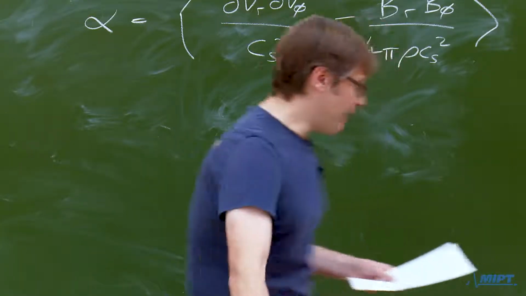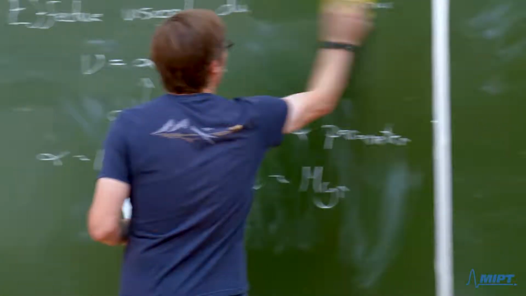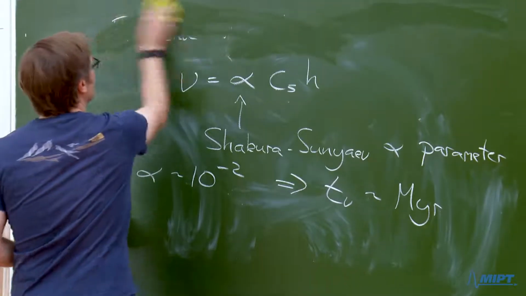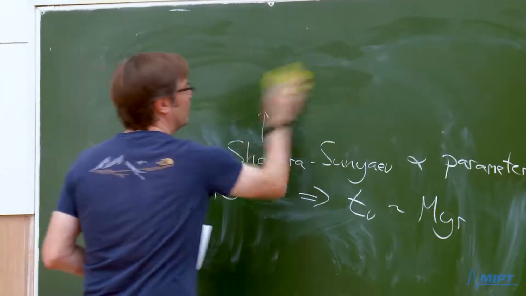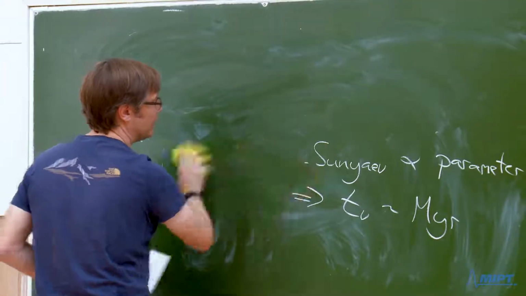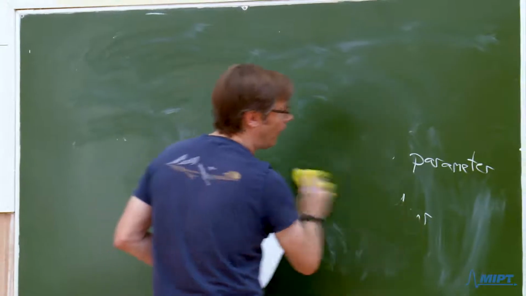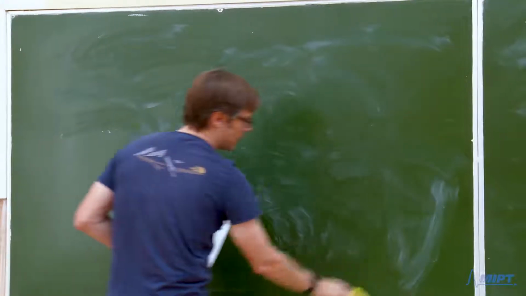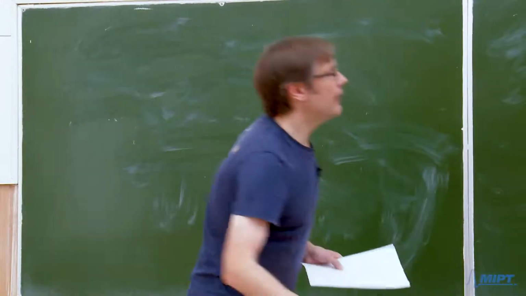Okay. However, that doesn't fully solve the problem, because we can also ask, would the rotation profile which we have within the protoplanetary disk be linearly stable or unstable to the development of turbulence? Okay.